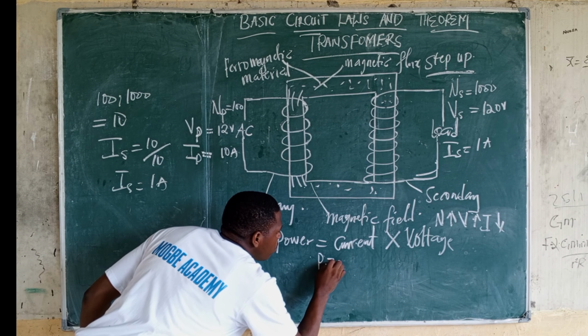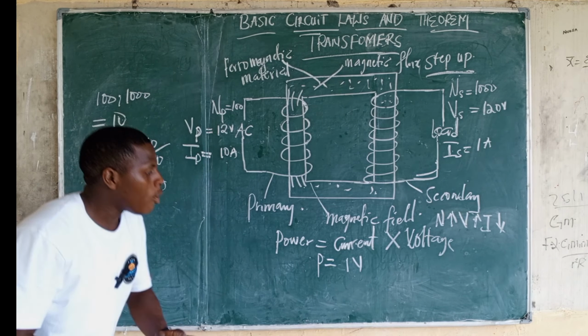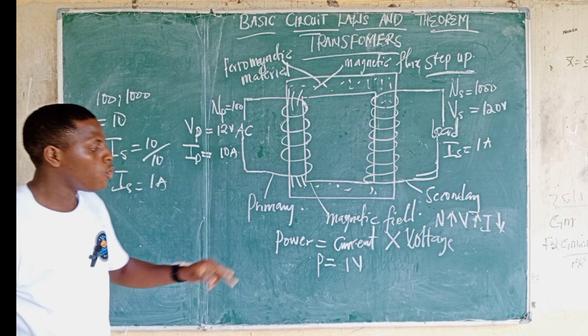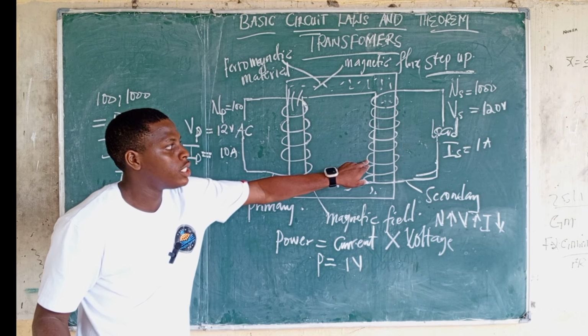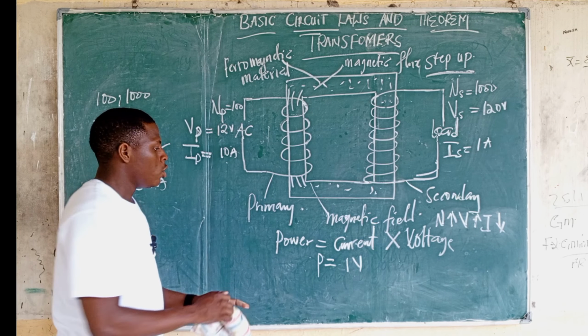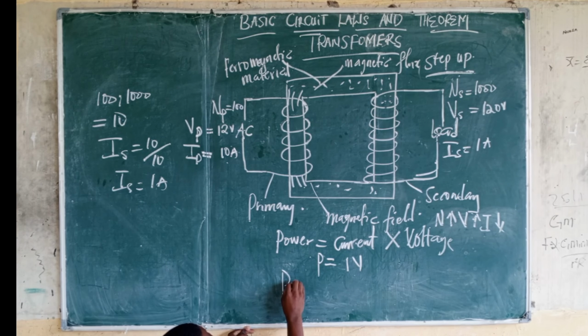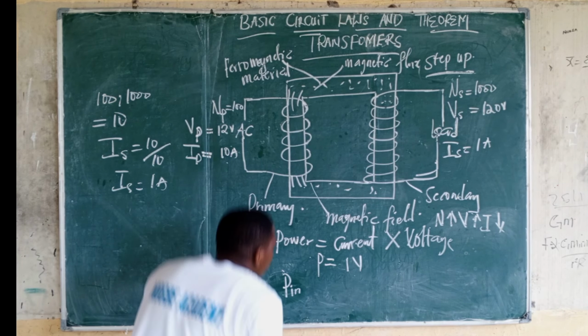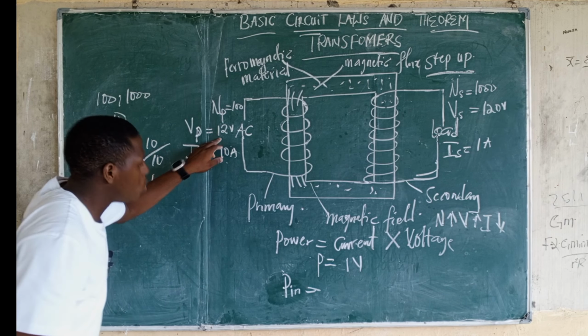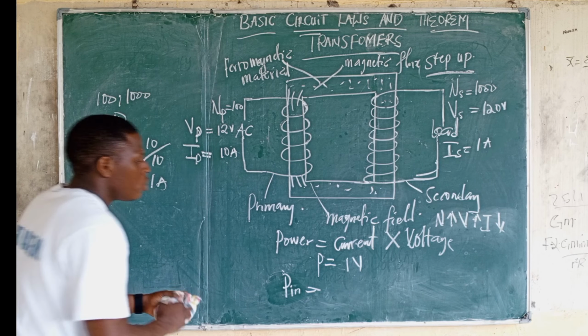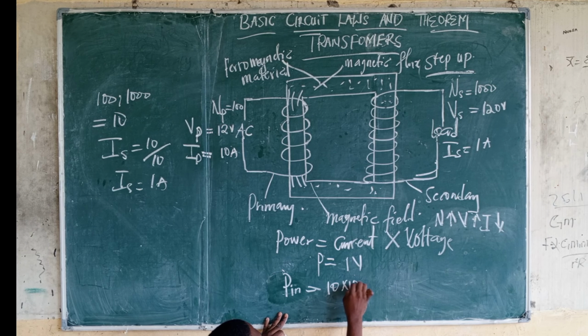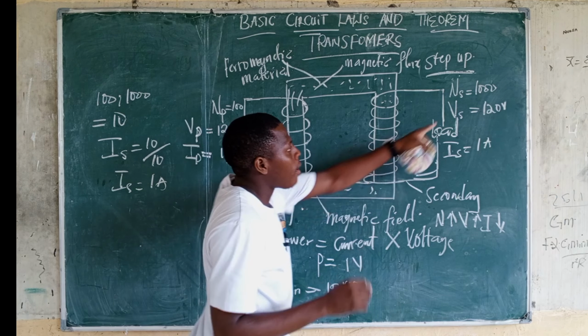So we want to get the power input, which is the power at the primary, and the power output, which is the power at the secondary. For your power input, represented by P subscript in, what is your current? 10. What is the voltage? 12. So 10 times 12 is equal to 120.